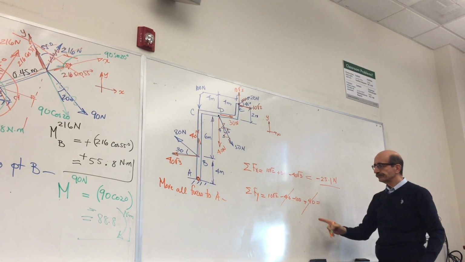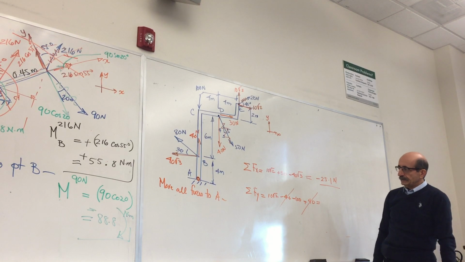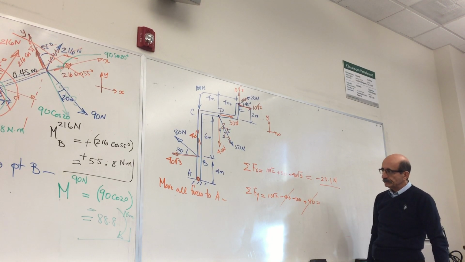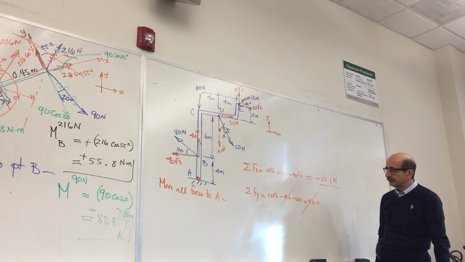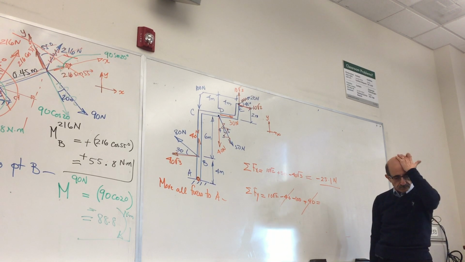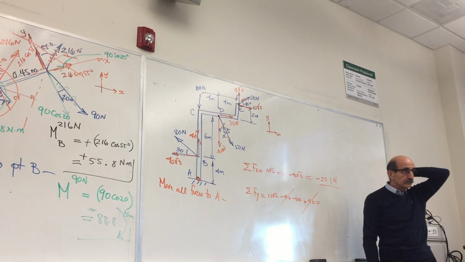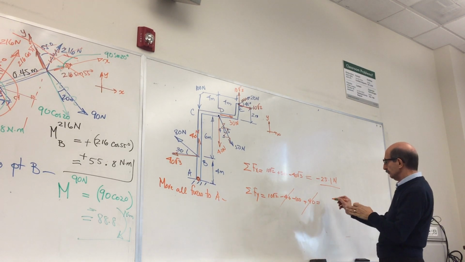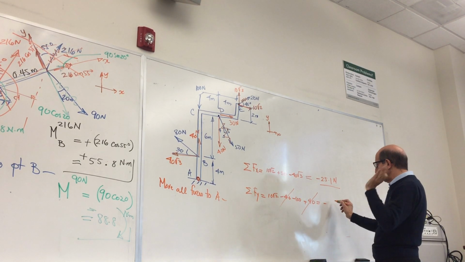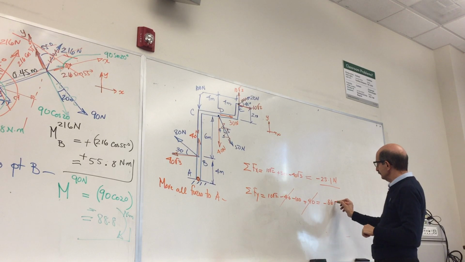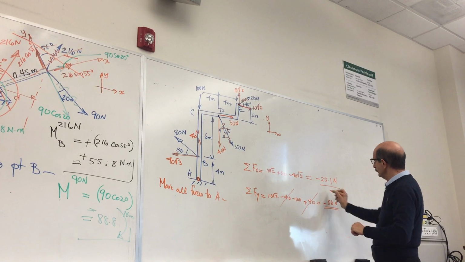And this one? That would be 10 times 14, so maybe 86? Negative 86. 85.8. Okay, negative, I would say 86. Just round it up.